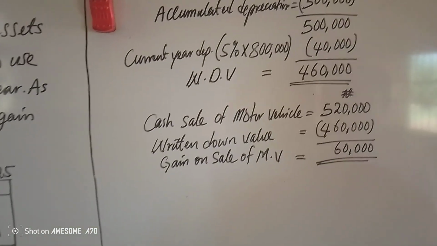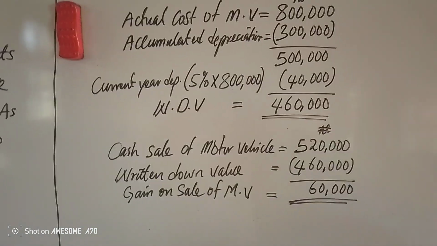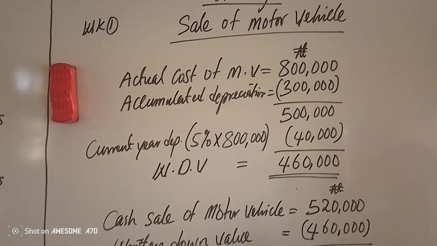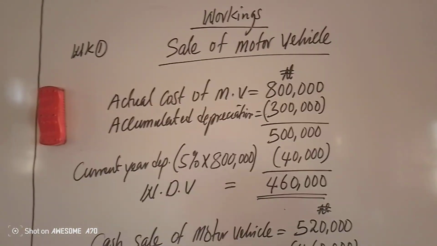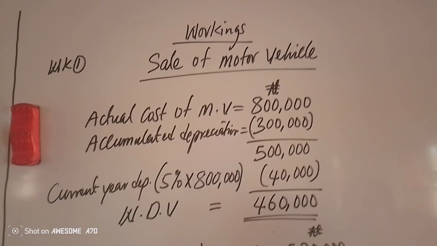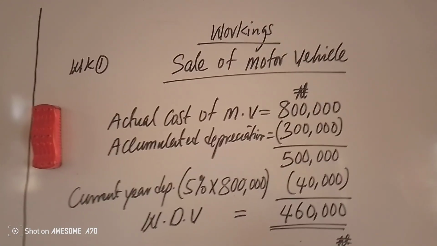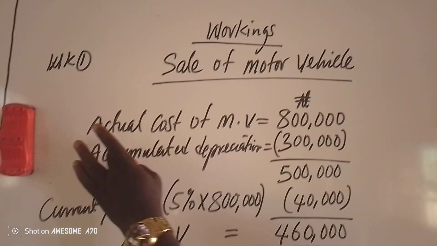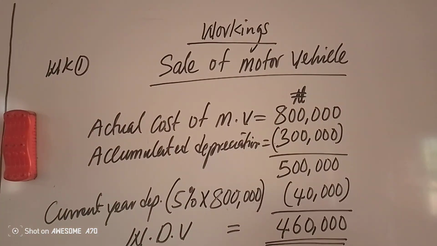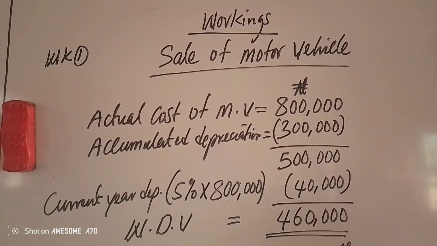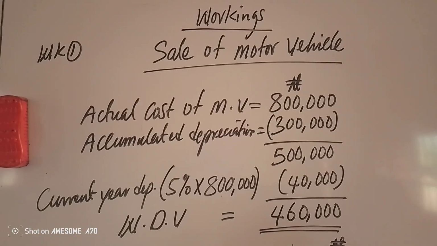Let's now present your working in this way. Sale of motor vehicle. First, you take the cost, the actual cost, the historical cost that the motor vehicle was purchased at. In this case, the cost of the motor vehicle when it was purchased was 800,000. Second, you bring the accumulated depreciation.